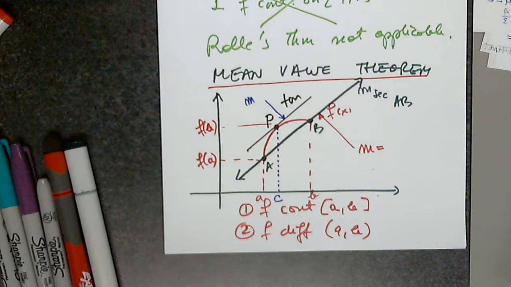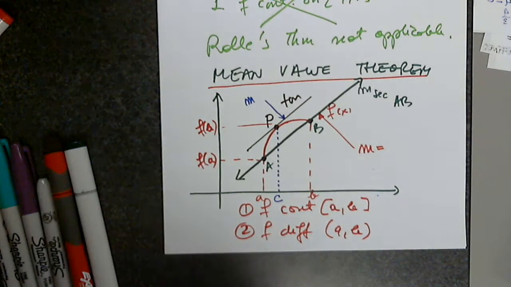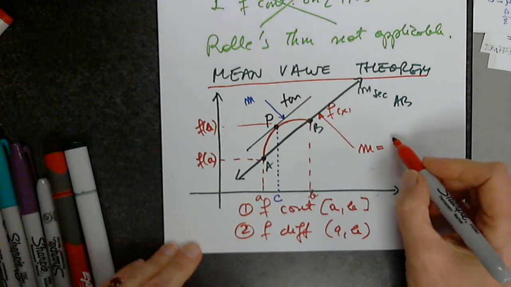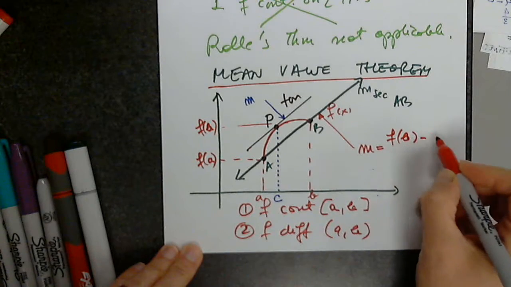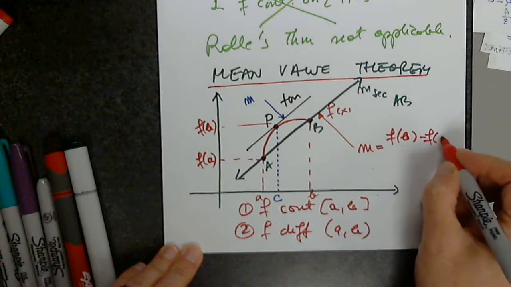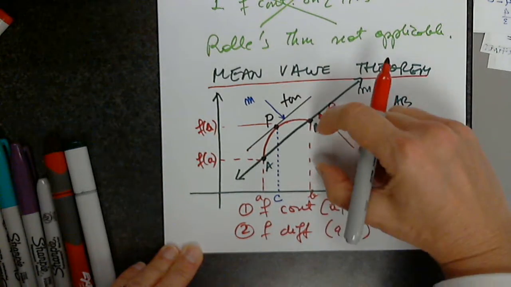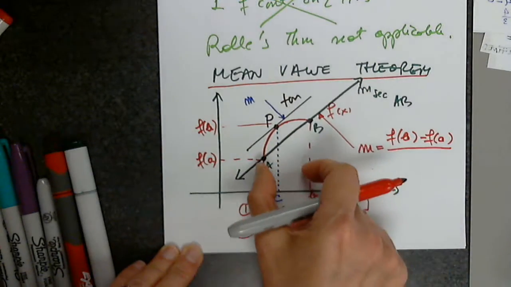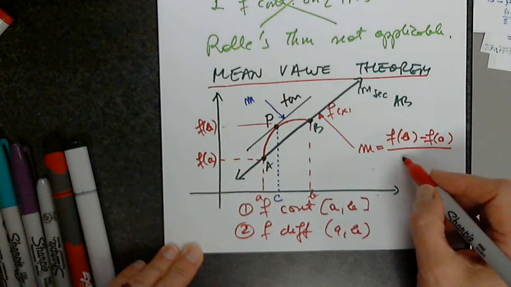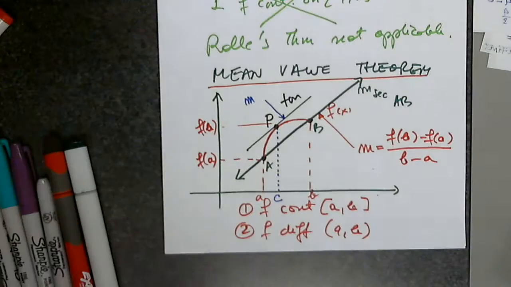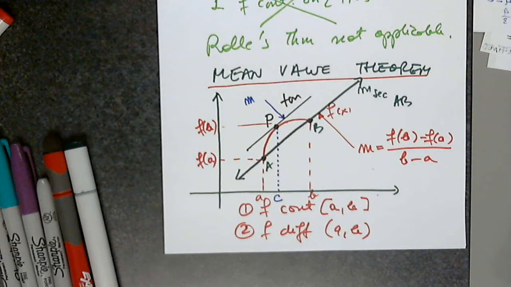So can anyone give us the slope of the secant line AB? Must be rise over run. Or what is the rise? It has nothing to do with calculus. So what is the rise? F of B minus F of A. So this is the height, the rise over the run. Would you all agree with that? Y2 minus y1 over x2 minus x1. Perfect.